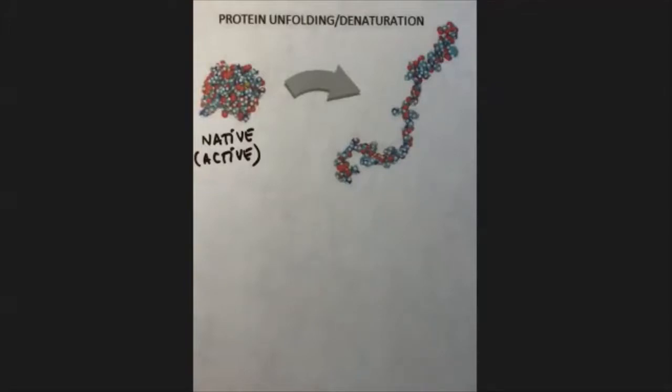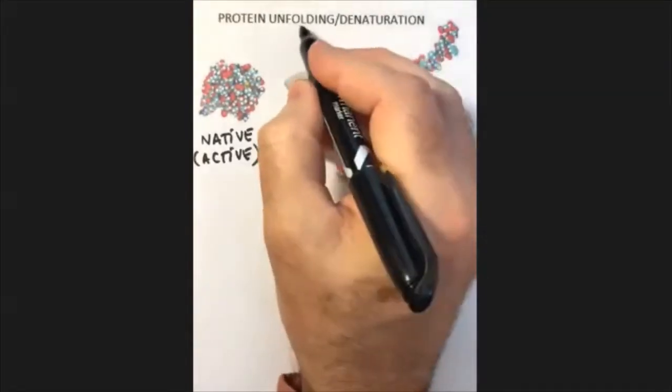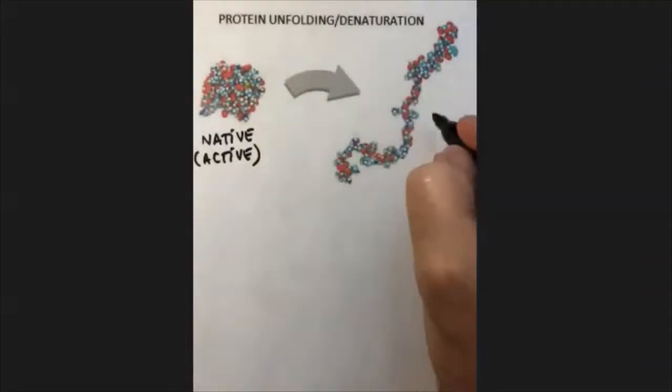Now, there are several influences, several stresses that can cause a protein to lose that active or native form, and we end up unfolding the protein and causing what is called a denatured form.